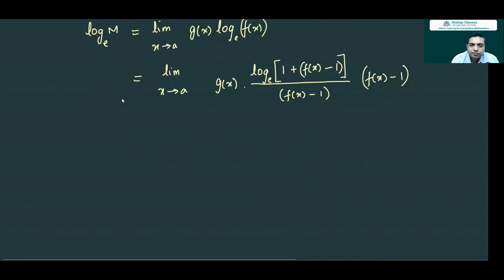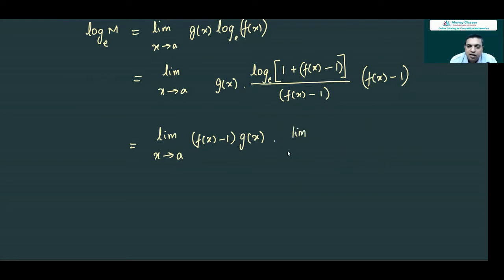So now I can split this into two parts. This is f of x minus 1 into g of x. F of x minus 1 tends to 0, g of x tends to infinity. So that is basically 0 times infinity form.